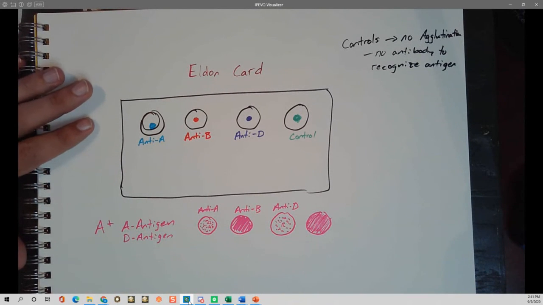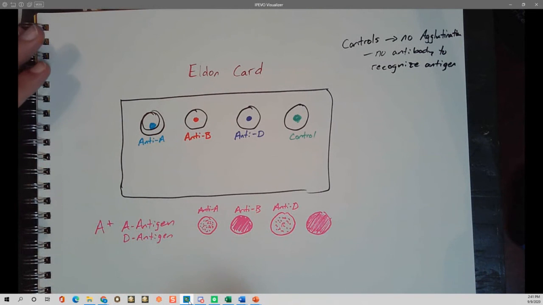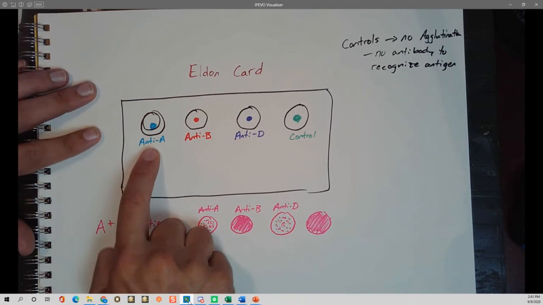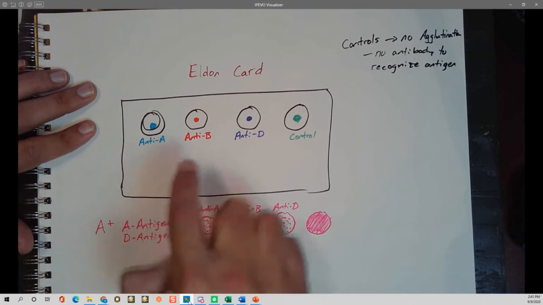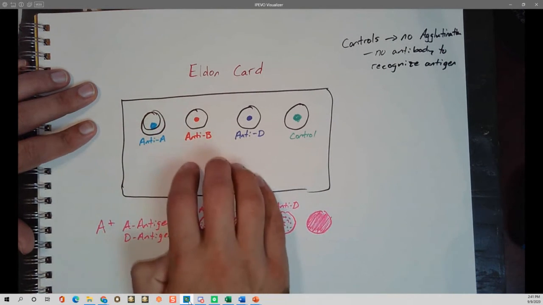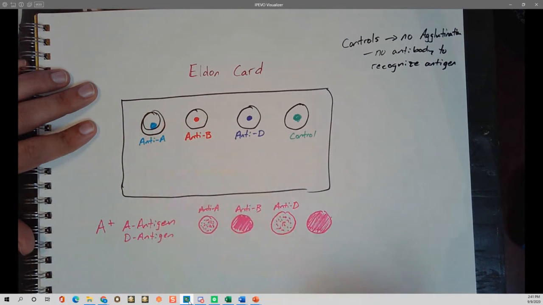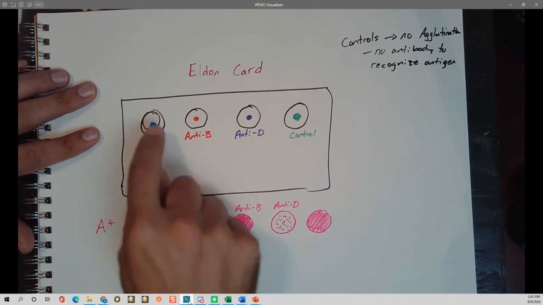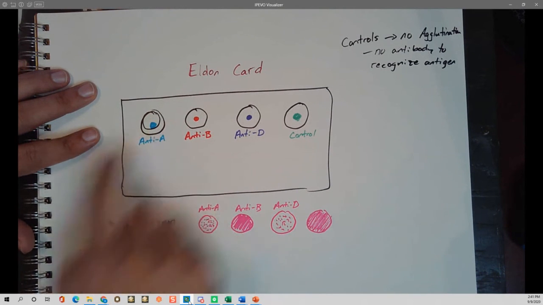One part that students really have trouble with is they're like, wait a minute, an A blood type can't have anti-A. You're correct, but an Eldon card is not your body. This is an artificial situation. This is a laboratory situation where we put antibody on a card, and then we put your blood on that antibody.